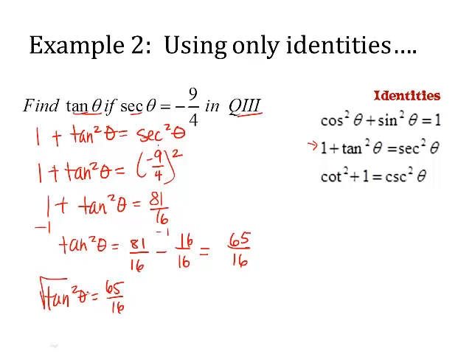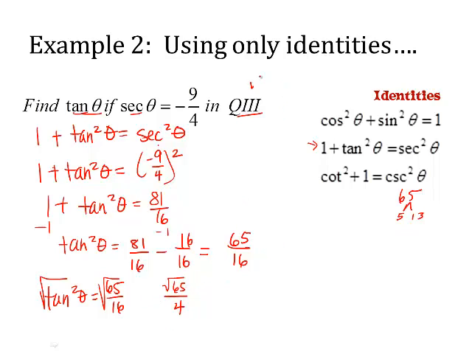But I want the square root of both sides so I can get just tangent. So that'd be the square root of 65 over the square root of 16, which is 4. Now 65, factor it down, and you get 5 times 13. So that doesn't really help us. You can't reduce that. So this could be our answer.